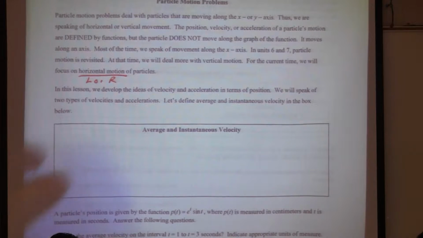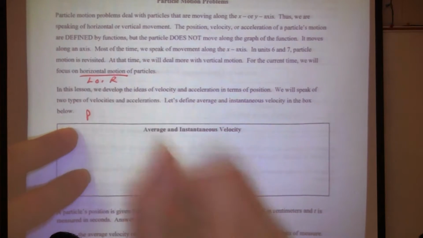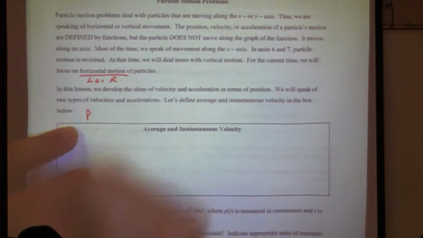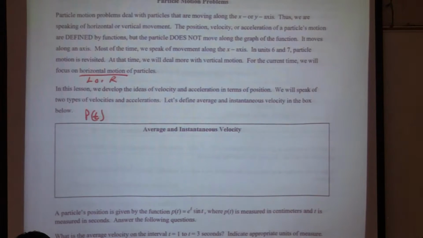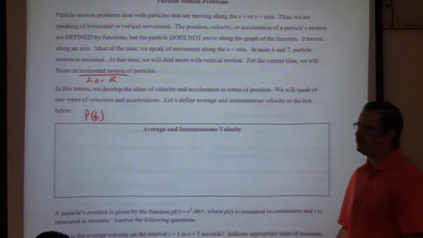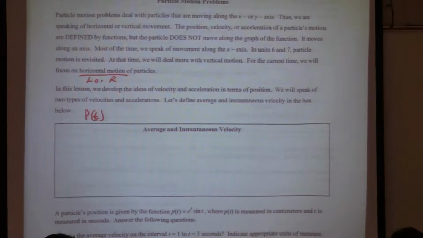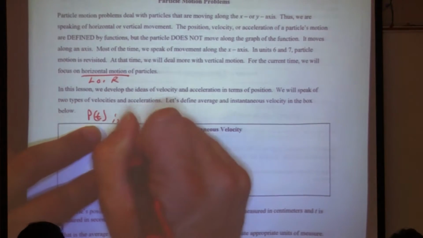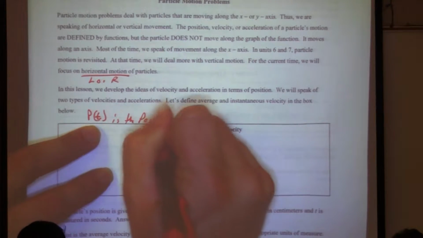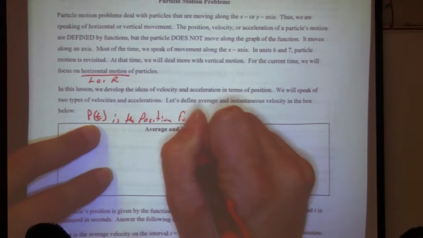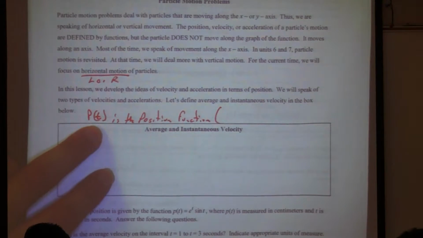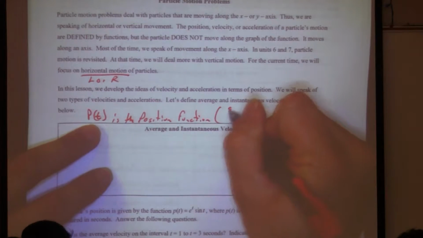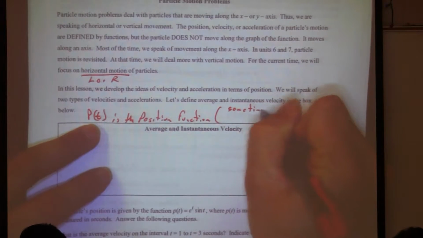Alright, so for reference purposes, when we start talking about average and instantaneous velocity, we're going to have to relate to something called the position function. So we're going to use p of t to represent the position function. Good? Sometimes they denote it using other variables or other names. So I'm just going to throw them out there.